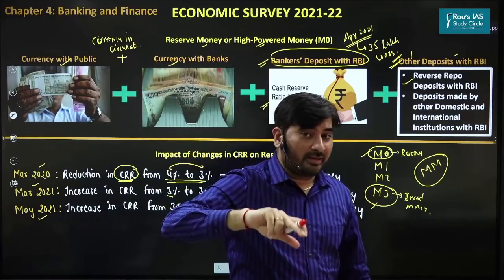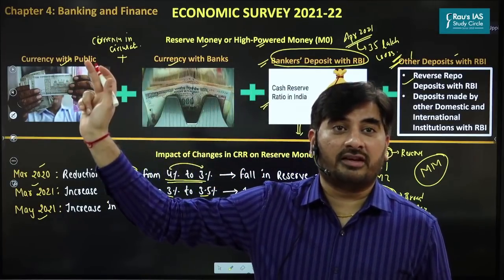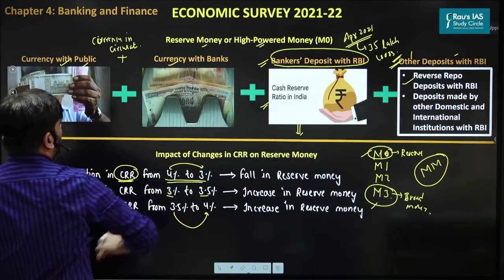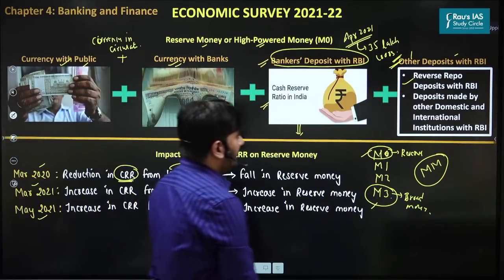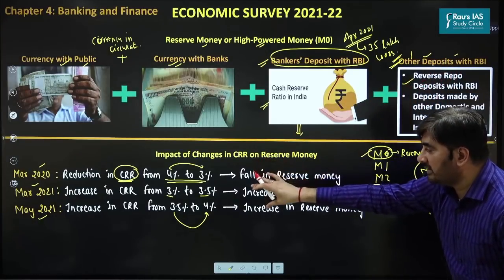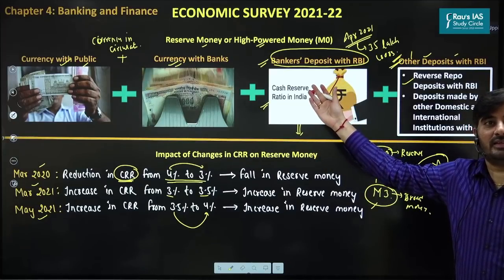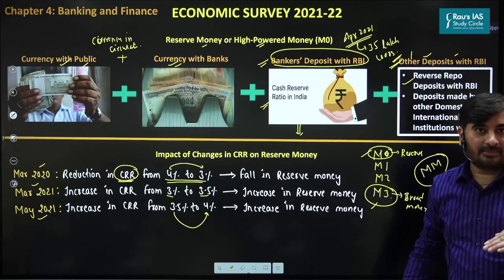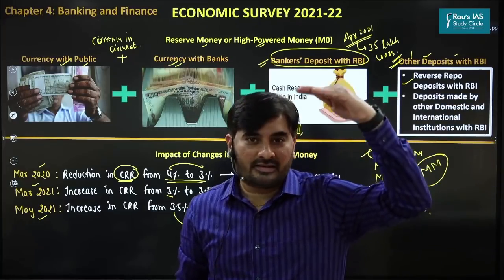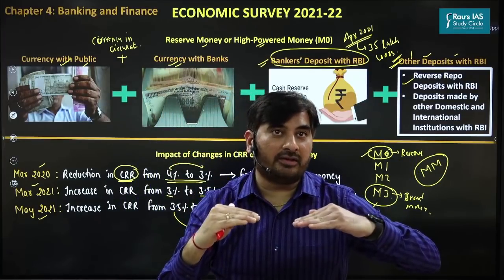Now, I'm repeating once again, assuming everything else remains constant, which means assuming that currency with the public, currency with the banks, and other deposits with the RBI remain constant, and only the CRR has been reduced. What will happen to my reserve money? Increase or decrease? Reserve money will decrease, right? So whenever the CRR is reduced, my reserve money will also come down. Are you with me on this?